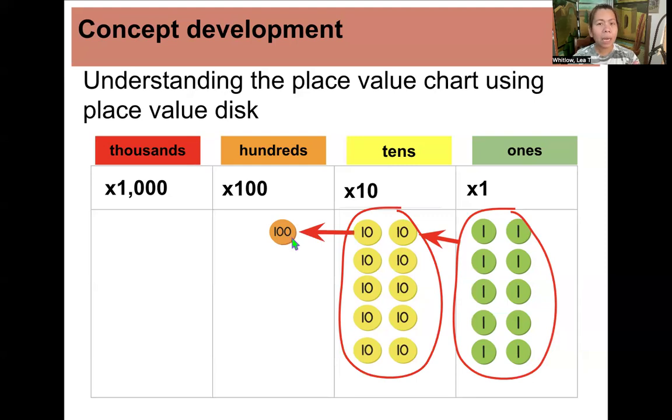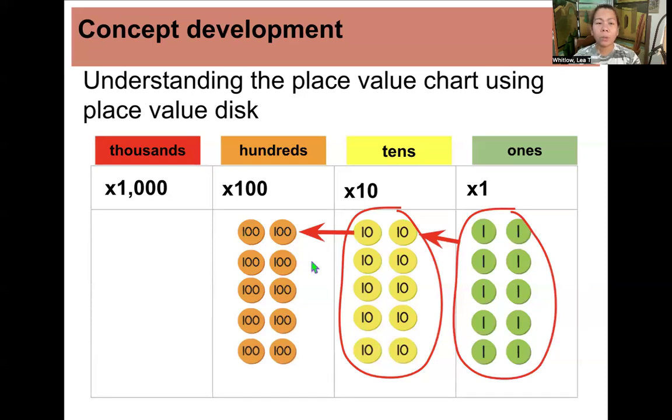And are you seeing the pattern? If you have how many hundreds? 1, 2, 3, 4, 5, 6, 7, 8, 9, 10, you can make a 1,000. So regroup that and move it to the thousands.